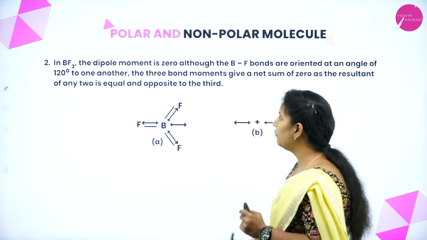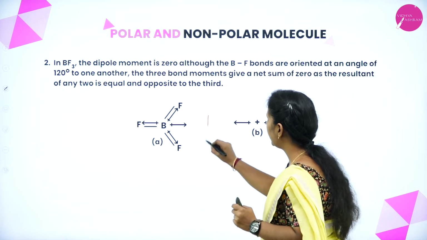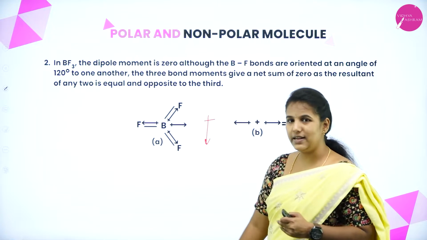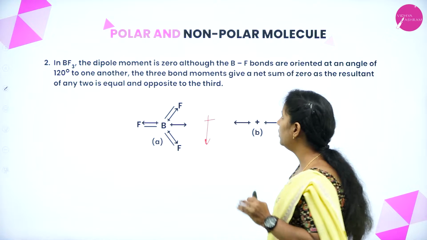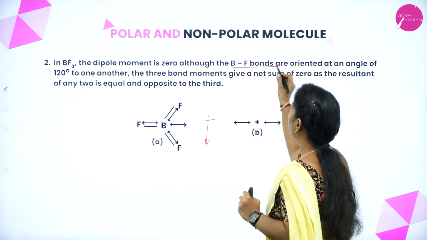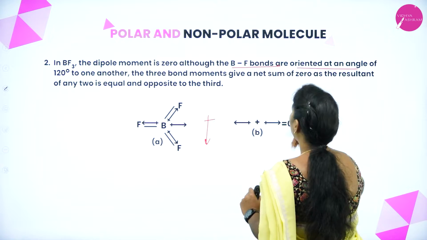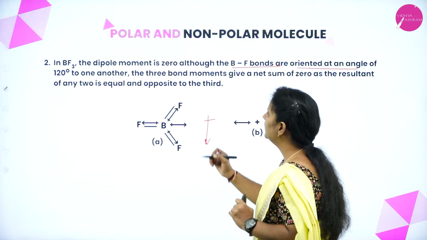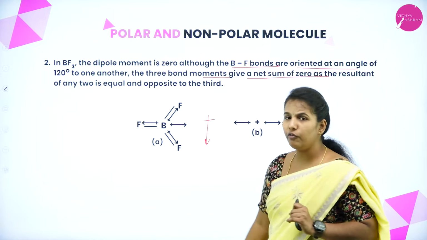In the case of boron fluoride, you can see that the dipole moment will be represented by arrows with these directions. This indicates that in BF3, the dipole moment will be 0. That is mainly because the boron and the fluorine bonds are oriented at an angle of 120 degrees to one another, and three bond moments give rise to a net sum of 0.